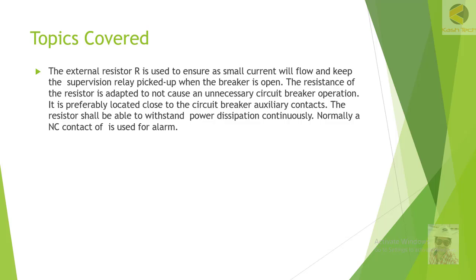In that case there is no need to install a separate resistor in series with the coil. But mostly you will see the resistor because it has an additional advantage: if the coil is short circuited because of insulation failure or anything, the resistor is still there and it will not let the burned or short circuited coil pass enough current to operate the tripping coil.